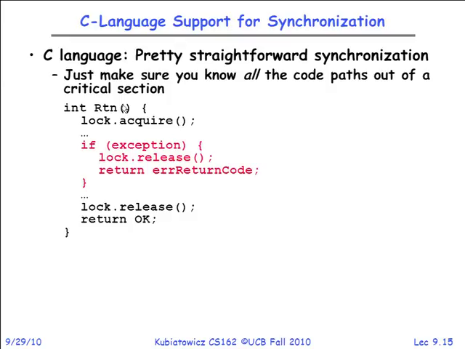You have to be a little bit careful because if there's some weird condition that happens, you want to make sure to catch it. Here we're acquiring a lock, and then if there's an exception, we release the lock. Whereas if we didn't have this kind of code in here, it's possible that we would cause an exception and get by without releasing the lock. So I mentioned this a little bit. You have to be careful to always be aware when you grab locks that they get properly released.